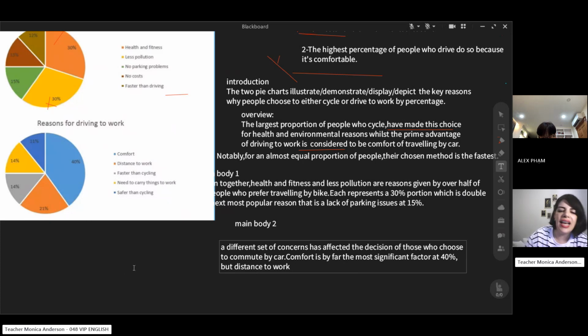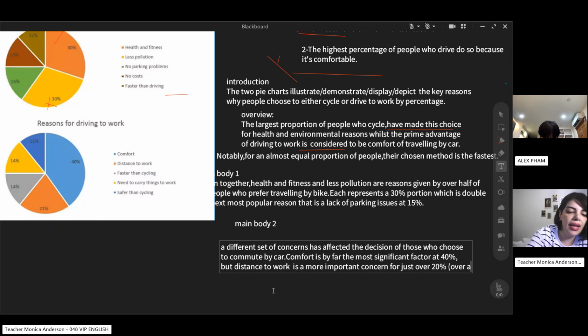So we can say that it is a more important concern for just how much? Over 20%, or you can also say a fifth.